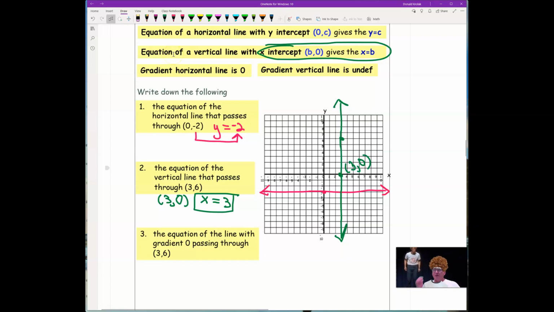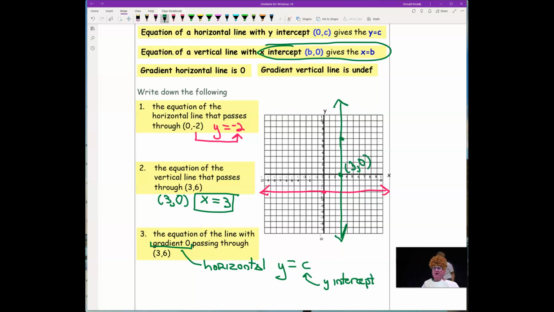The equation of a line with a gradient of 0 passing through 3, 6. This gradient of 0 tells you this is a horizontal line. We know a horizontal line is going to be the equation y equals c, and c is the same as the y-intercept.